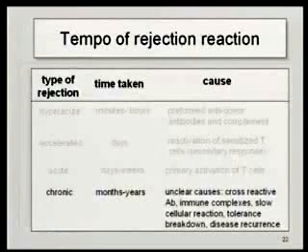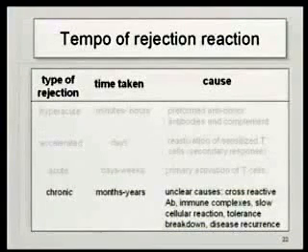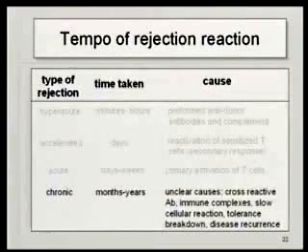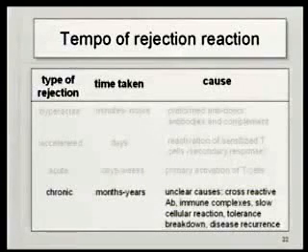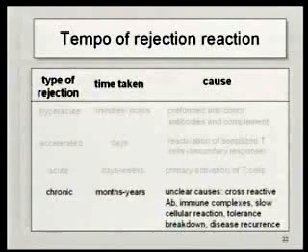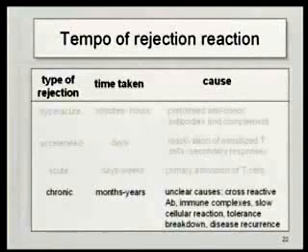Okay, you had a question. In hyperacute reaction, what are the chances that the recipient has antibody already to that MHC? There are lots of chances. Well, in the hyperacute, the question is, what are the chances of the recipient having antibodies? Well, multiple transfusions. Okay? In the case of women, multiparity. Okay?